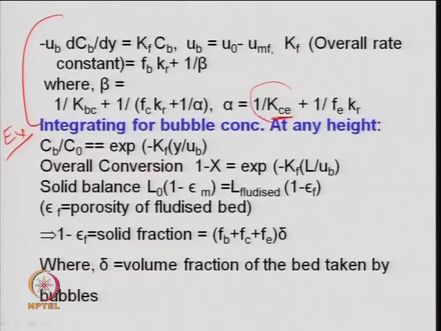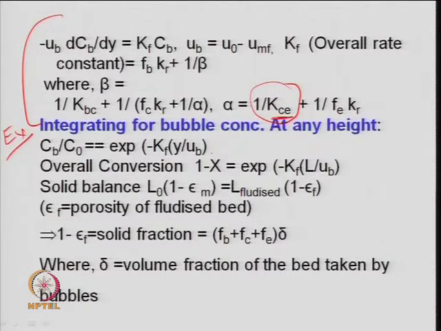So, this represents a kind of resistance offered in the cloud emulsion phase, and this represents a kinetic resistance. So, it is basically the number of resistances present in the fluidized bed reactor, and you have to minimize those resistances. So, you have to do the hydrodynamics, look at the effect of particle size and gas velocity, and then try to design the fluidized bed reactor.